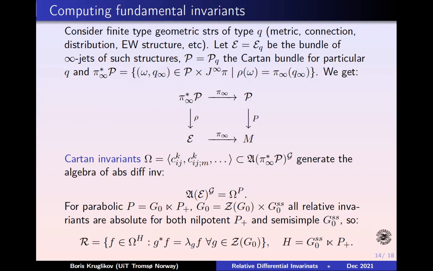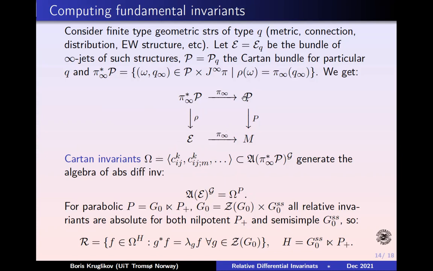Therefore, they actually descend down, and the differential invariants here with respect to G correspond to just those elements from here which are invariant with respect to the structure group. We would like to push them down. In general, these invariants stay in the bundle, right?